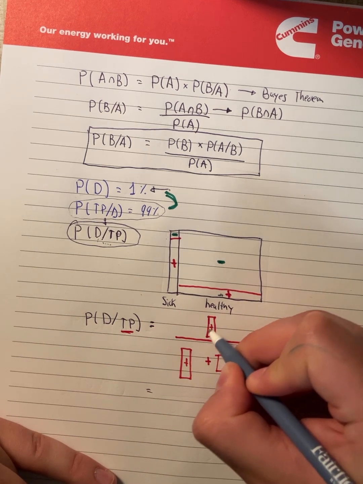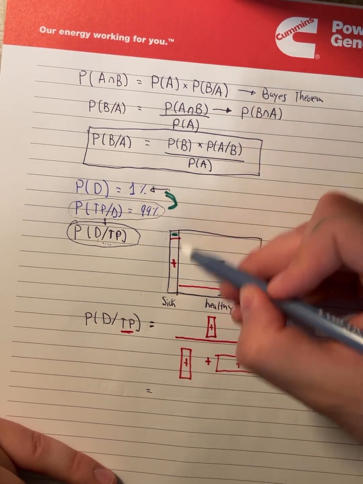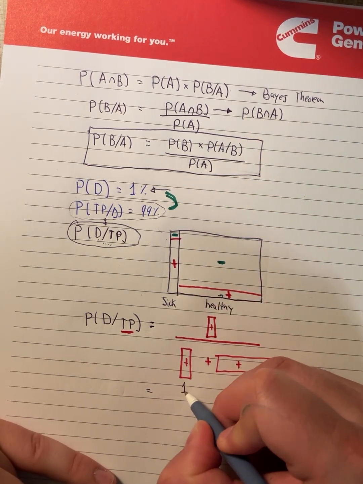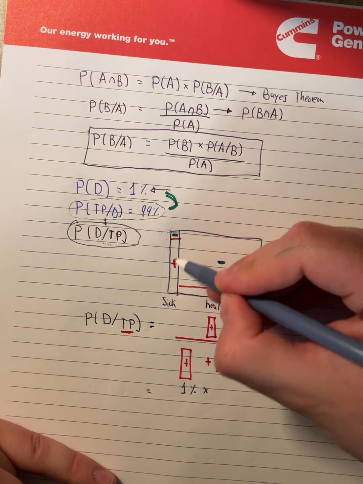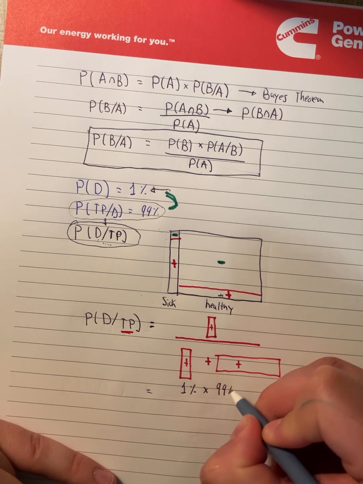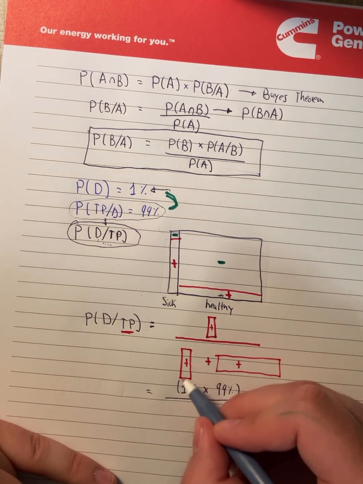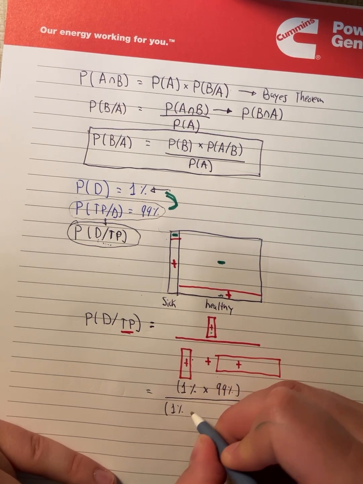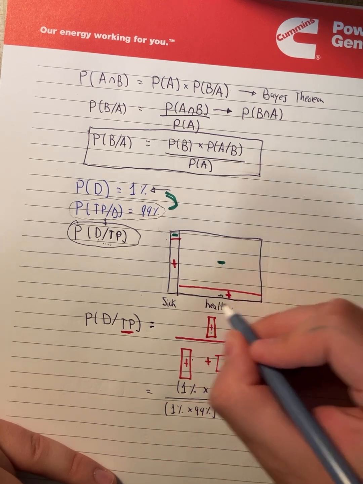So how do we get this rectangle? Again, proportions. You have your entire sample space. You know that 1% of the population is sick, so this is 1% times 99% accuracy. This rectangle is the same as this rectangle, so we're just going to copy that, plus this big rectangle here.